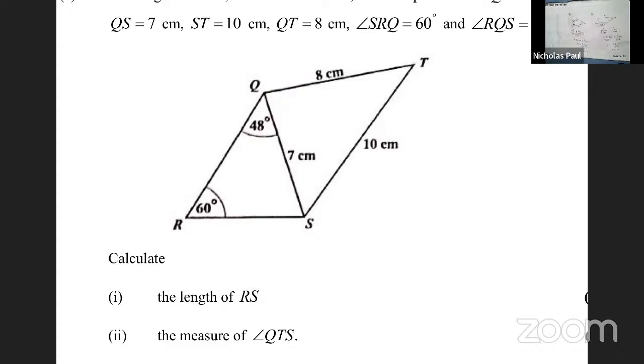Take your time, right? Answers coming in already. I see RS coming already. Part one is what rule? Because you have length and opposite, right?